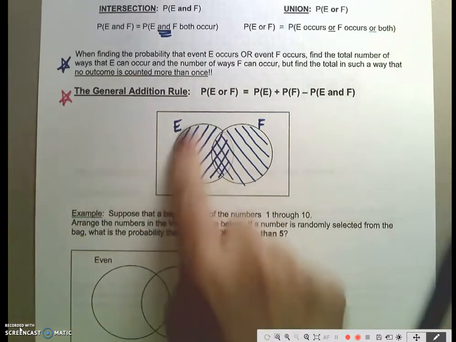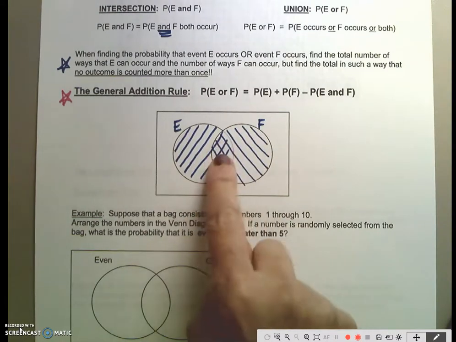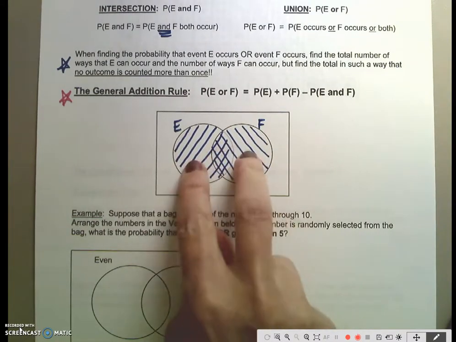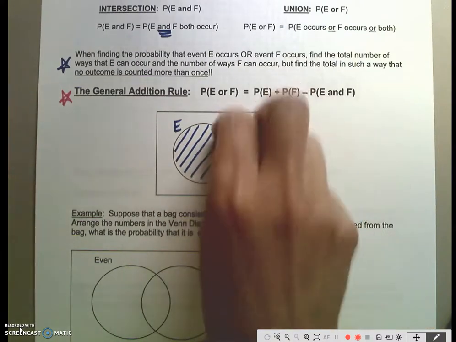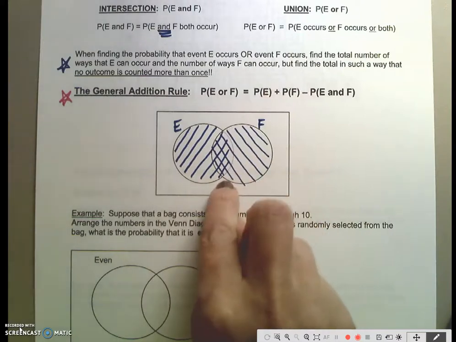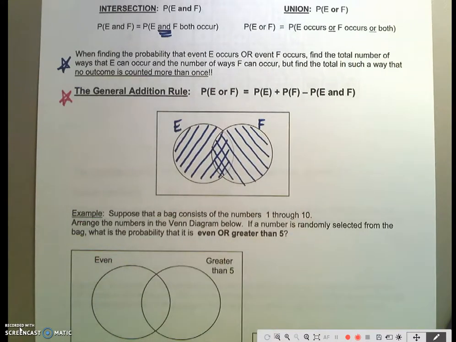It's like I painted E, I painted F, and now I have two coats of paint in the middle, but only one on the sides. I just want one layer of paint. So you've got to peel away one layer in the middle. I don't actually know how you would do that, but that's the concept here. We want one flat layer of paint all the way across. So you add them and then you subtract out the intersection.